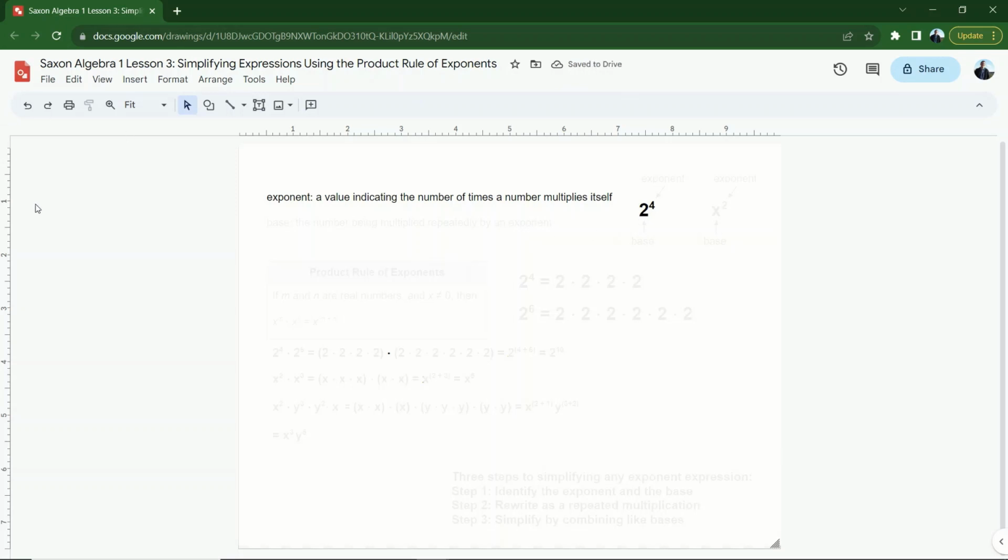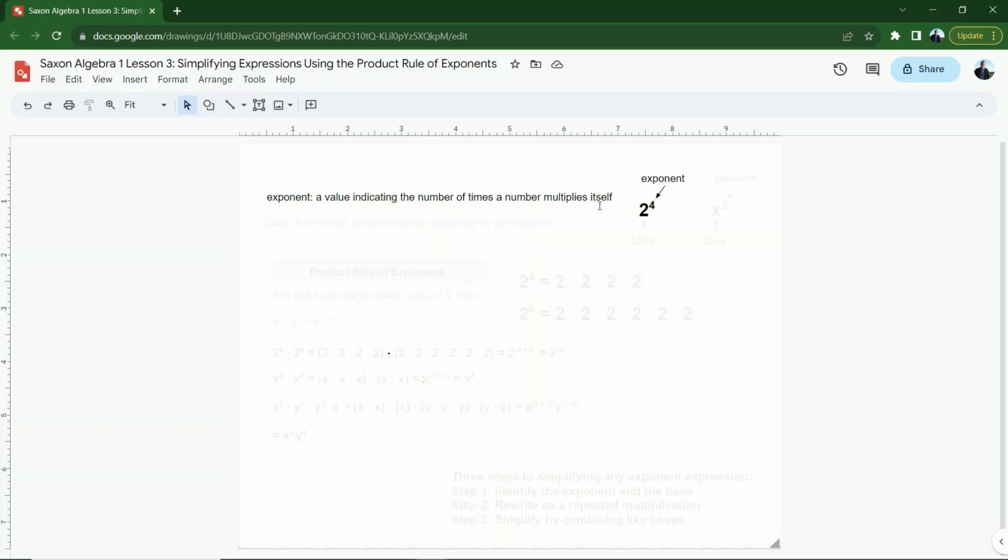Here we have the exponent 4, and that's telling us that this 2 is multiplying itself 4 times. So 2 to the 4th means 2 times 2 times 2 times 2. Now I'm going to go ahead and figure that out without a calculator here. 2 times 2 is 4, times 2 is 8, times 2 is 16. Okay, so when I do that out in my head, 2 to the 4th evaluates to the same thing as 16.